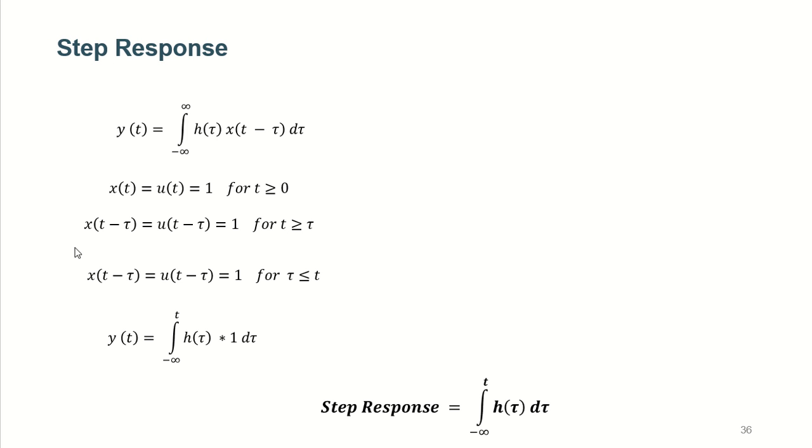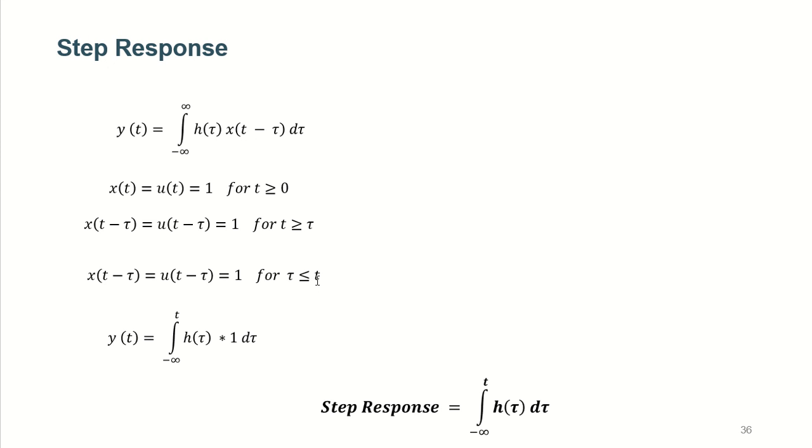We are not changing the formula, but instead of t greater than or equal to tau, we can also write tau less than or equal to t, right? Either way it's the same thing, tau is still smaller than t.